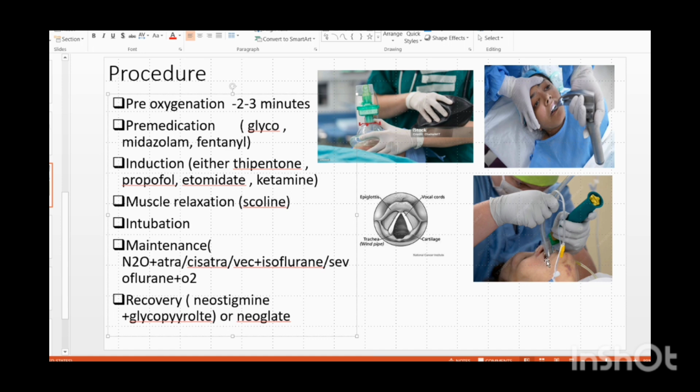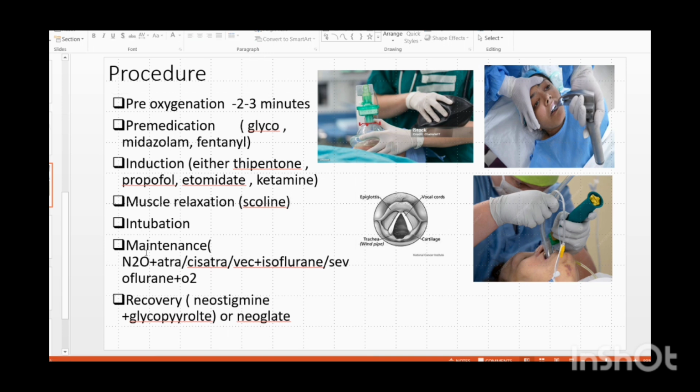After auscultating and checking the airway entry, they'll fix the tube at the proper level according to the patient's airway entry. After fixing the tube, they'll attach it to a circuit, and finally to the anesthesia machine, which will deliver oxygen, either nitrous or air plus sevoflurane or isoflurane mixture gases, through the anesthesia machine and the ventilator.